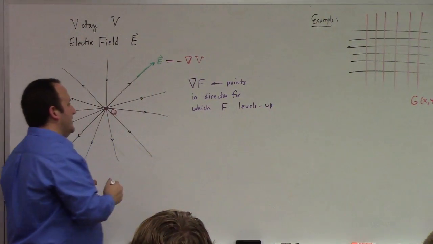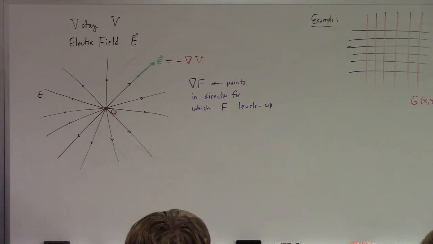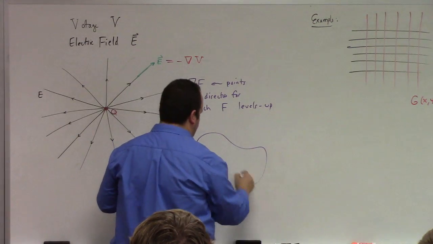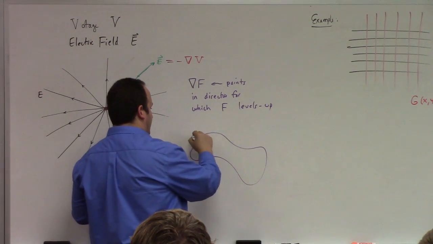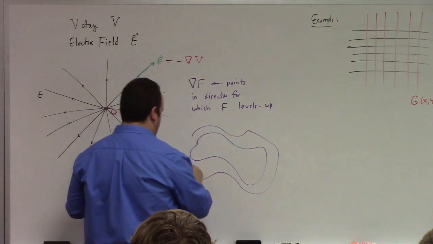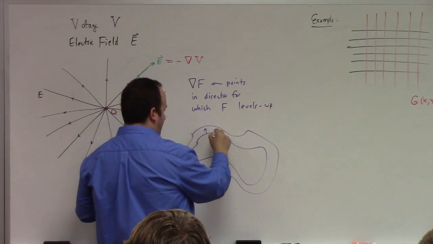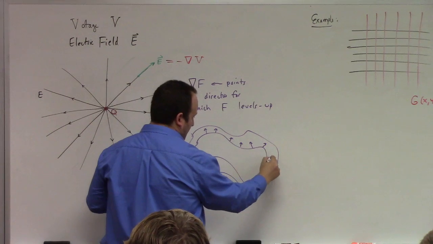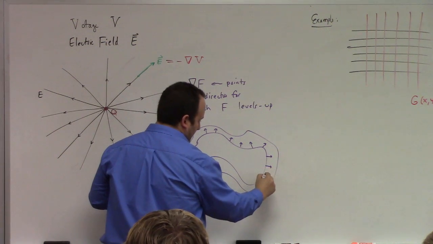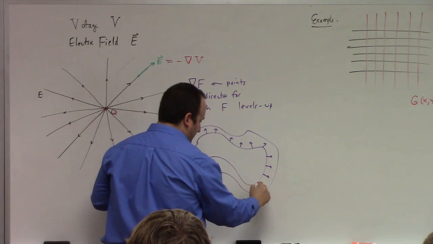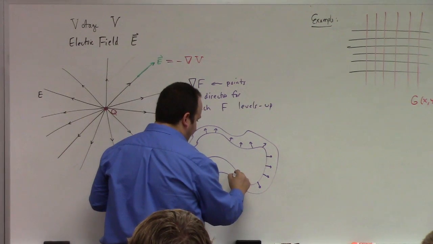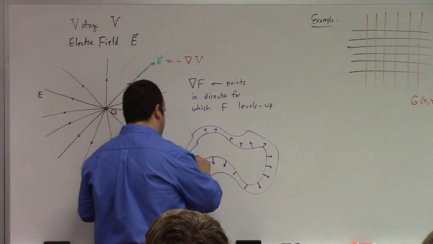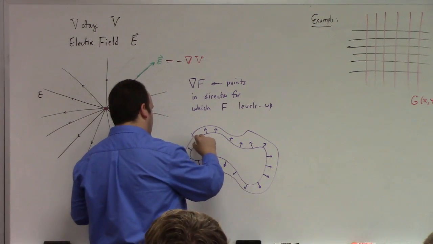So if you have level curves of f, and this is the next level, then the gradient of f is pointing that way. We had a professor who used to say it's kind of like a compass that always tells you to go up the hill. So that always points in the direction of leveling up.